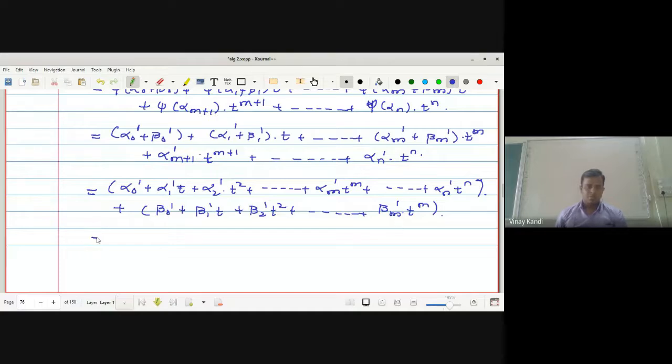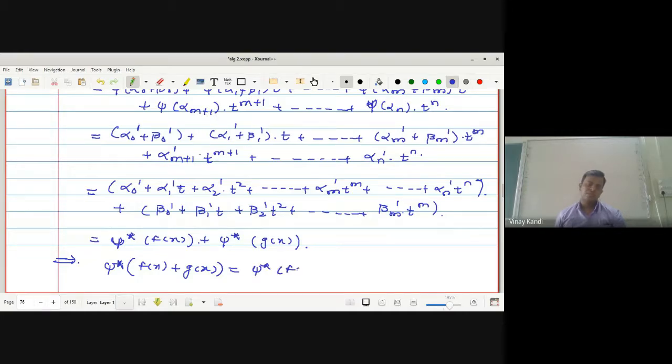Now by the definition of psi star, this one is psi star of f of x and this one is psi star of g of x. Any doubt? No, sir. So f of x plus g of x is equal to psi star of f of x plus psi star of g of x.